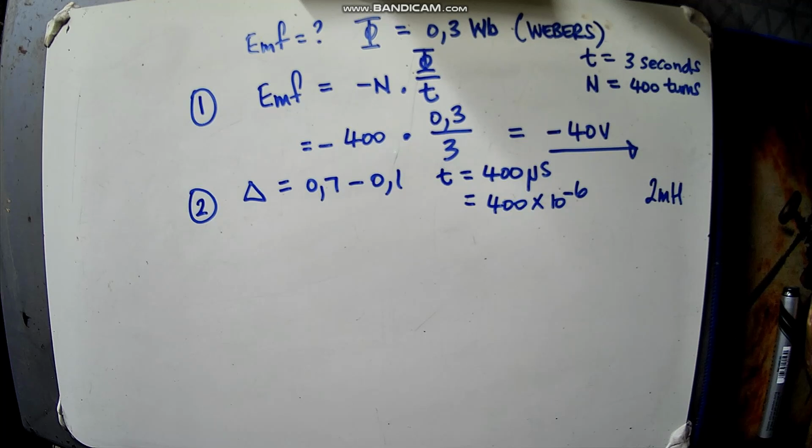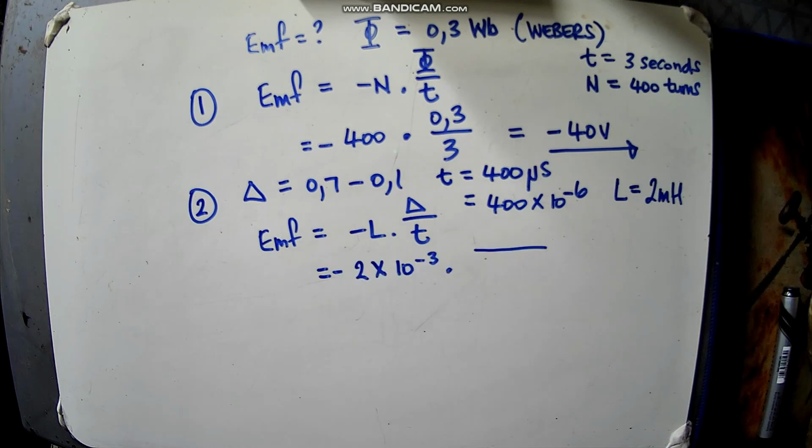So notice the formula there is EMF is equal to minus L. So L is not the length, L is the henries. So the formula is minus L delta I over T. So delta I is the change in the current, T is the time. This L is not actually the length, it is the henries, millihenries in this case. Let's substitute.